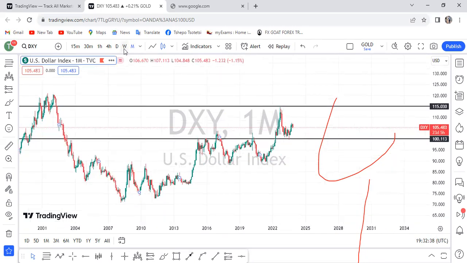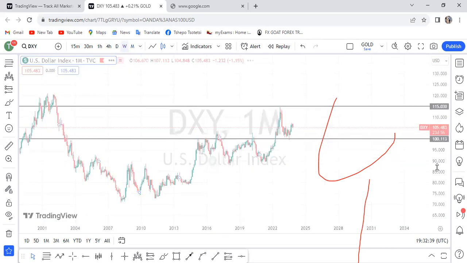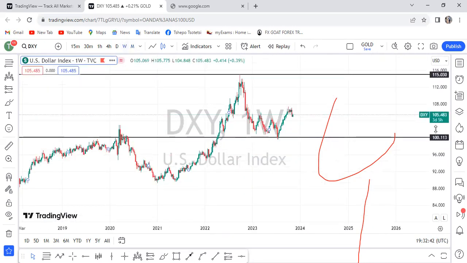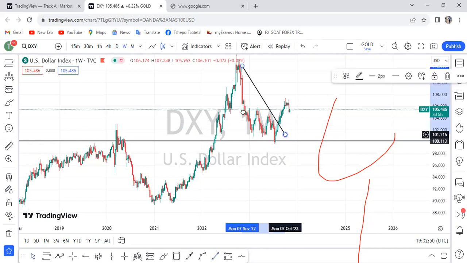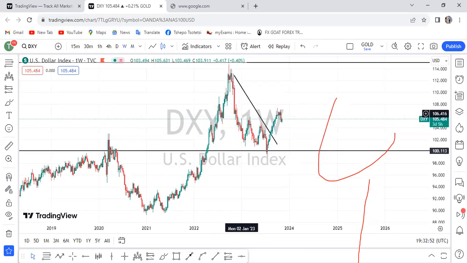So I will go on a weekly time frame. On my weekly time frame, I can see now we were in a downtrend because the market was going down.